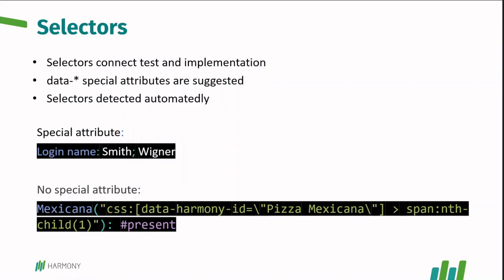We obviously should have selectors, and we also require, or we hope, that the developers introduce special attributes. In this case the selector is really simple, such as login name, but Harmony can generate any CSS selector, as you can see on the button. In this case the tester should involve a meaningful name, such as Mexicana here.